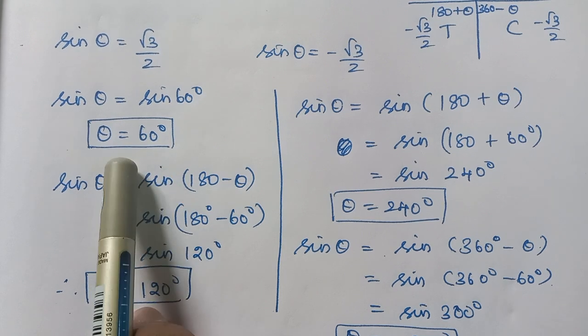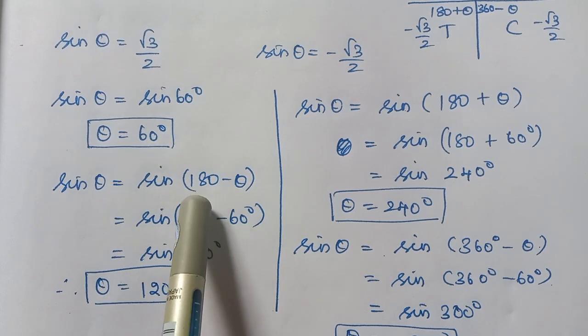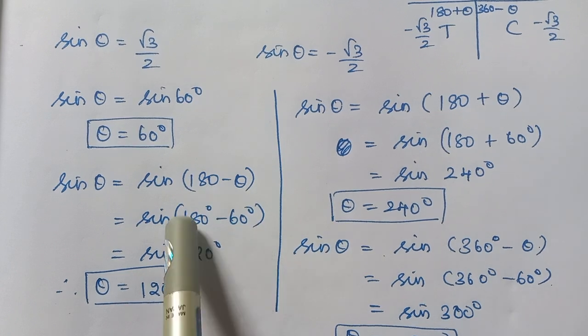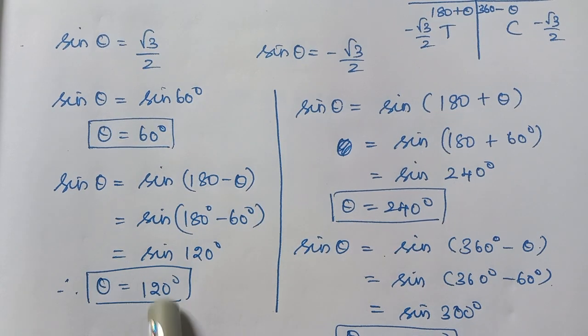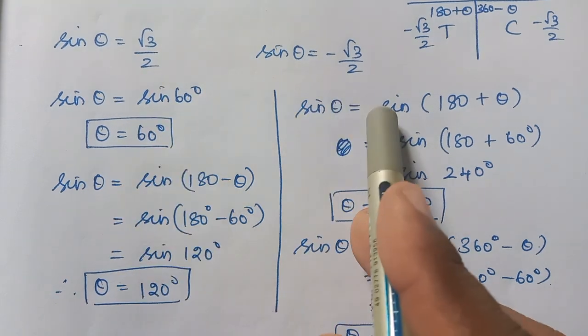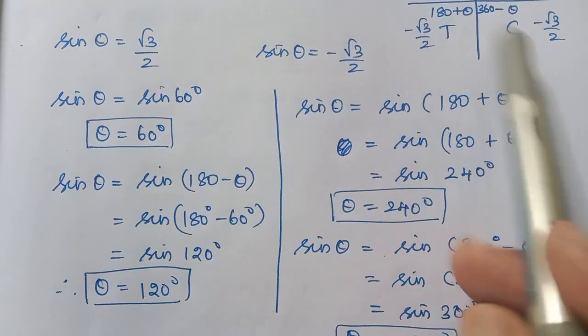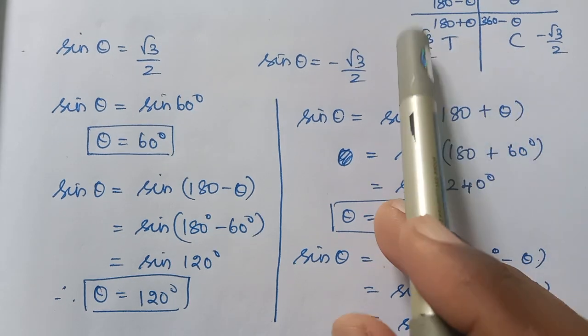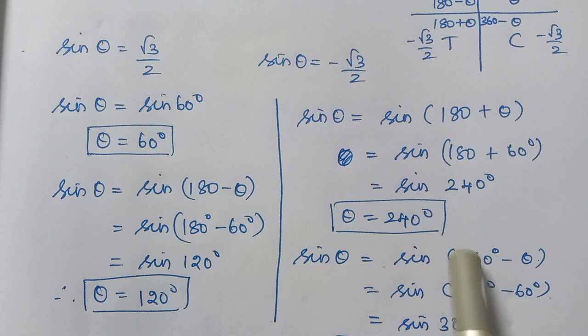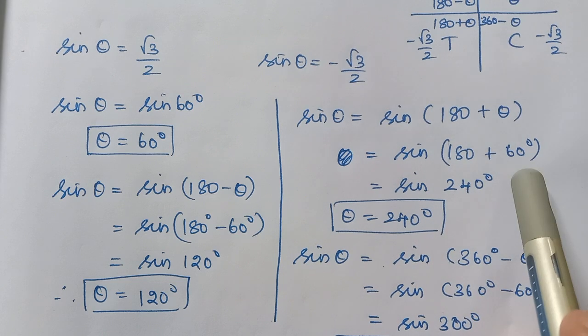I told that you can also write it as 180 minus theta for the second quadrant. So 180 minus theta is 180 minus 60, which is 120. So in theta 120, also you will get the same value, root 3 by 2. Now coming to the minus side. The minus side comes in the third and the fourth quadrant. You have to write it as 180 plus theta or 360 minus theta. Theta is 60.